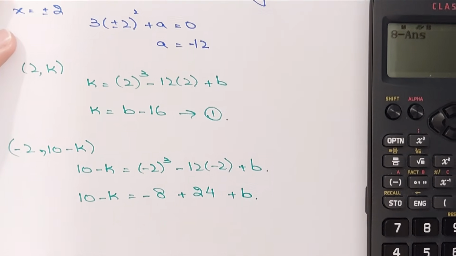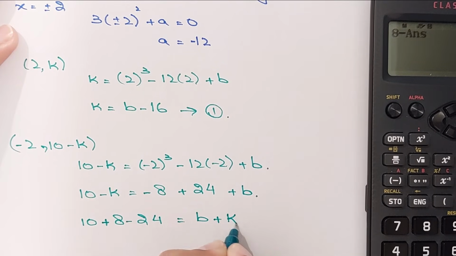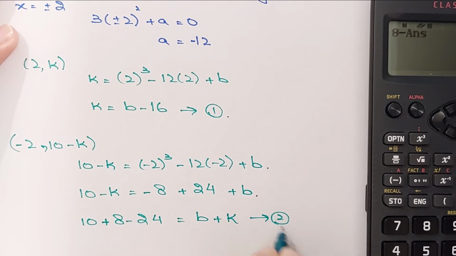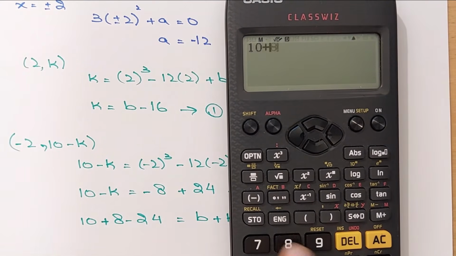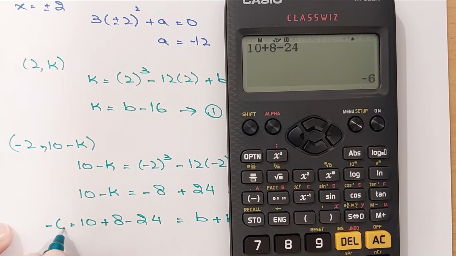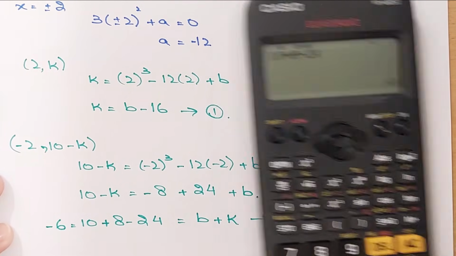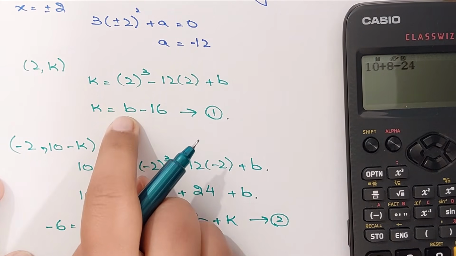Right. Now let me do 10 plus 8 minus 24 equals b plus k. This is my second equation. What is 10 plus 8 minus 24? This is minus 6. Right.